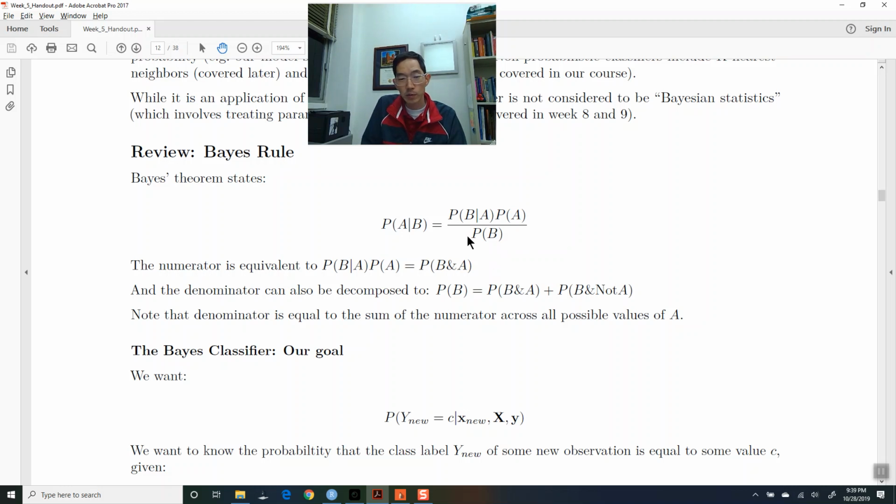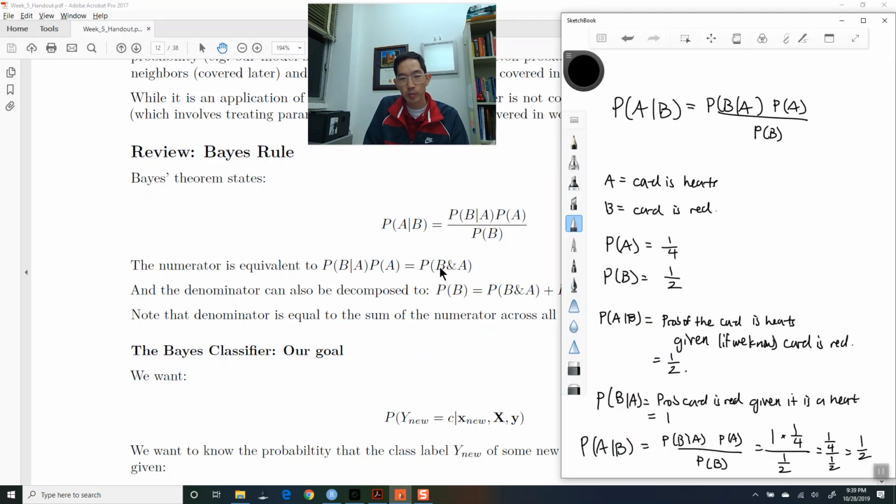This is useful for us if it's difficult to find this directly. If we know these other probabilities, we can combine them like this and get this value. The probability of B given A times the probability of A is the probability of B and A, and these labels are interchangeable here.